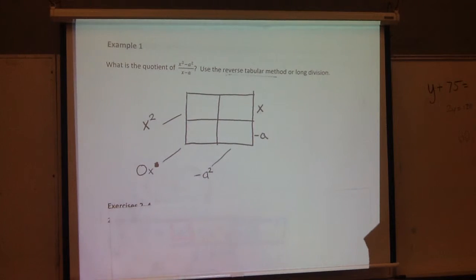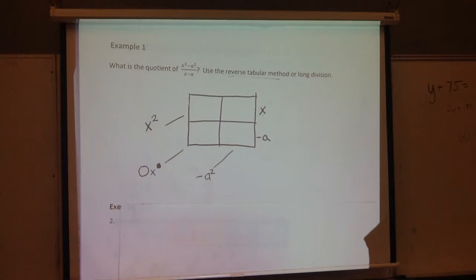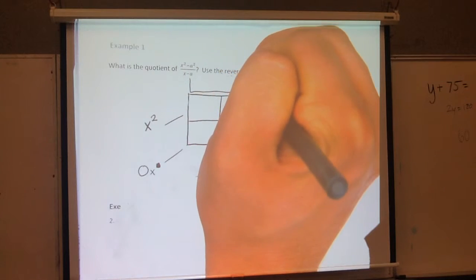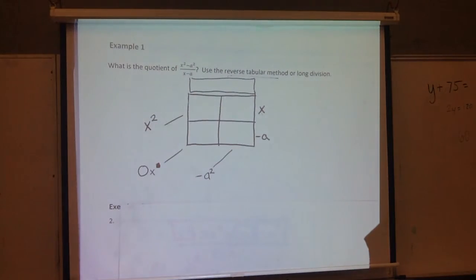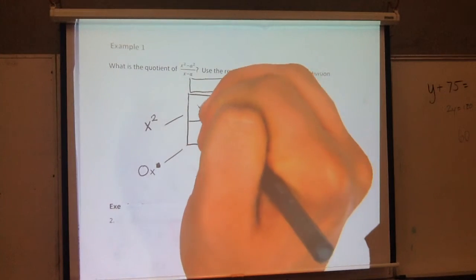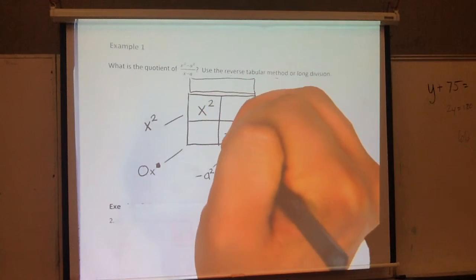And so now we have to figure out what goes up here, right? This is where the quotient is in our problems. So x squared is here, and negative a squared is here.